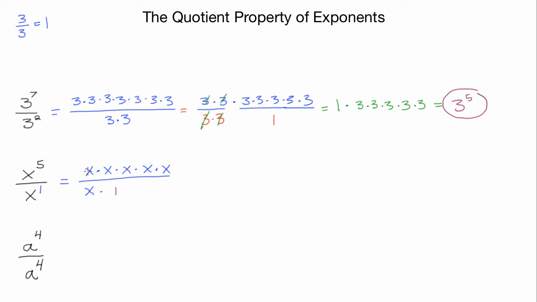I do end up with an x divided by x, and just like 3 divided by 3, any number divided by itself equals 1. So x divided by x just equals 1, and I'm left with 4 x's, x times x times x times x, x to the 4th over 1, which is just x to the 4th.